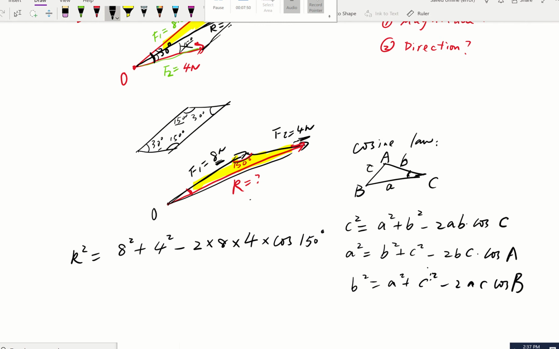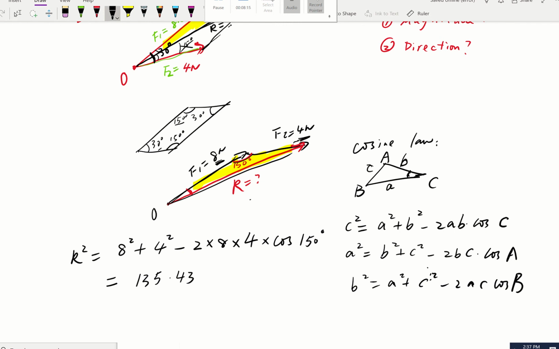So I'm putting in my calculator. I got R squared equals 135.43.